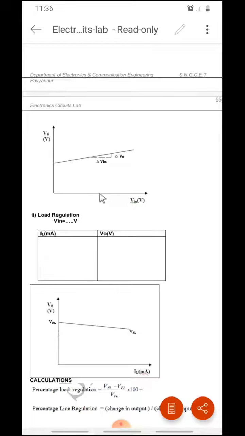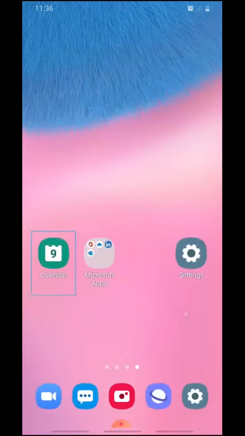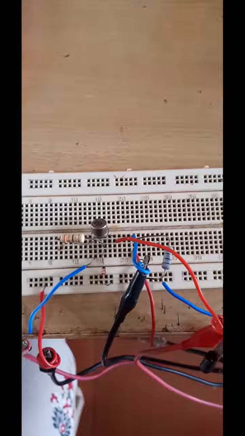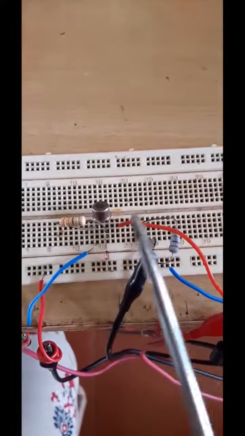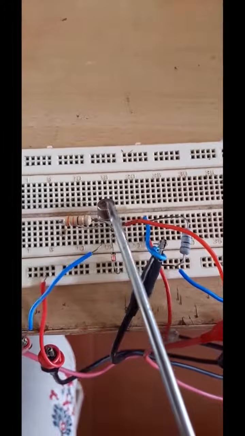Okay. So, let us wire up the circuit on the breadboard. Let us do the wiring of the series voltage regulator. Here we need an SL100 transistor.